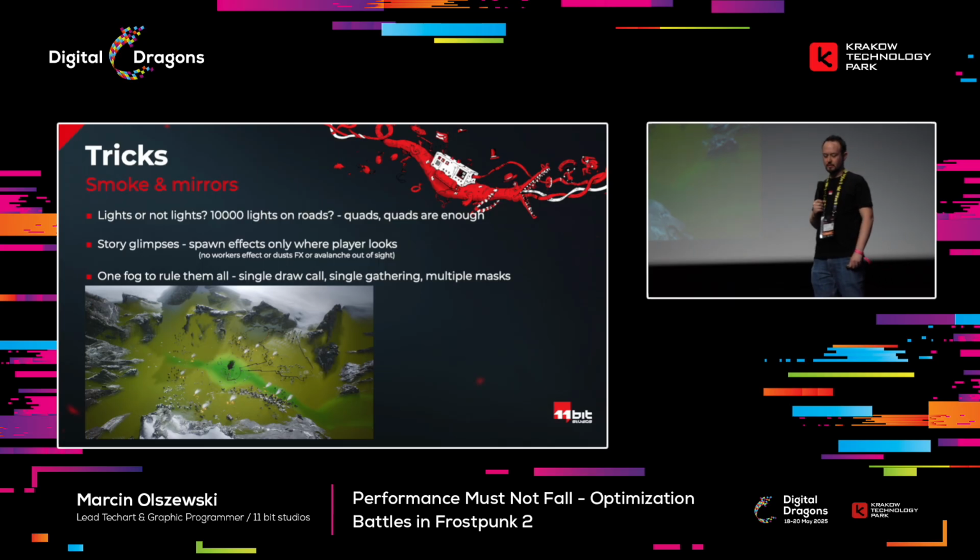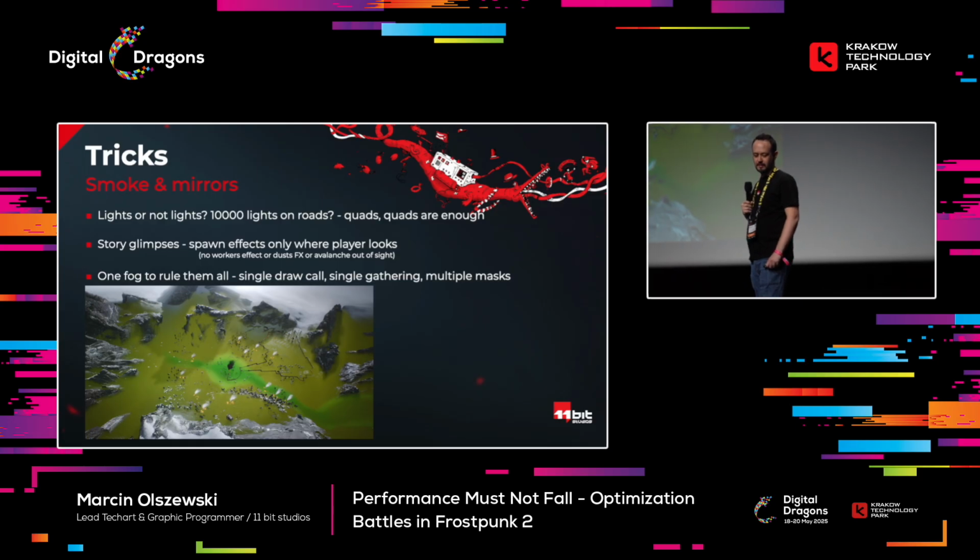So what's enough here? Here are just quads, okay? As I said, we have different visible views and different mechanics for switching how we are looking at something. And well, from a far distance, we see only quads, not lights, at least for roads, which, as I said, we can have thousands of.